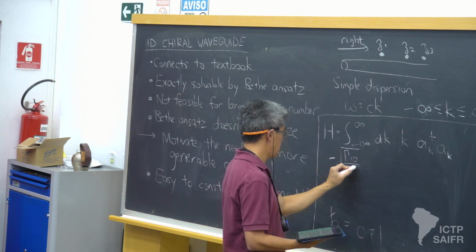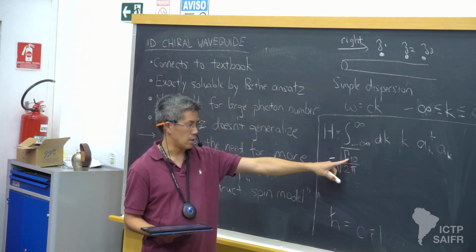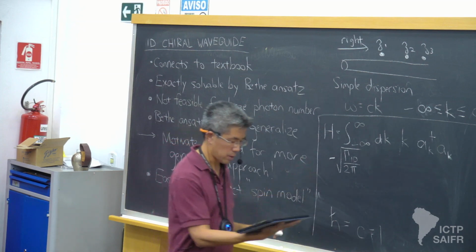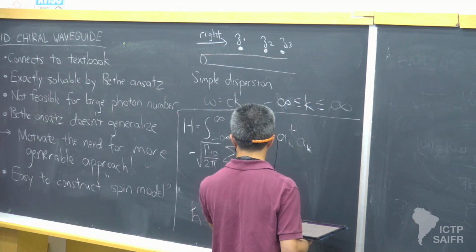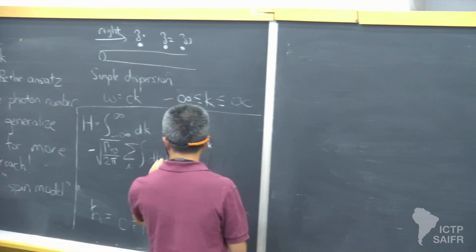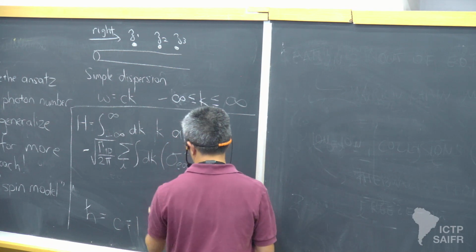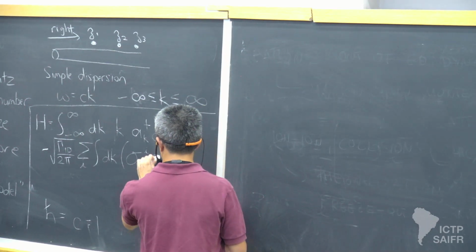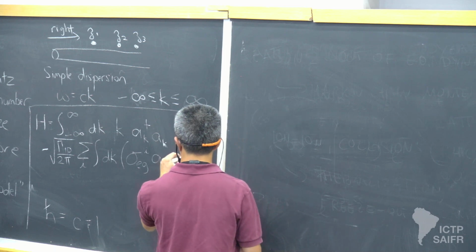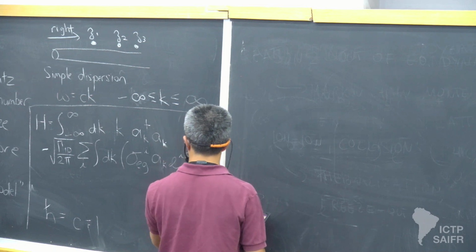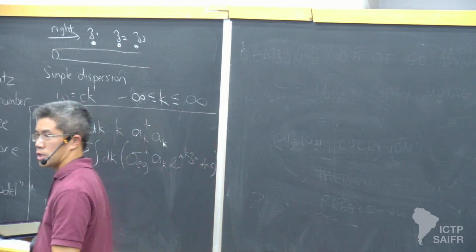I'll parameterize the interaction by a rate gamma 1D. I'll describe what that is in just a second. So the form of the interaction will be one where any atom i can go from the ground state to the excited state physically by absorbing or annihilating a photon in mode k, plus the Hermitian conjugate.